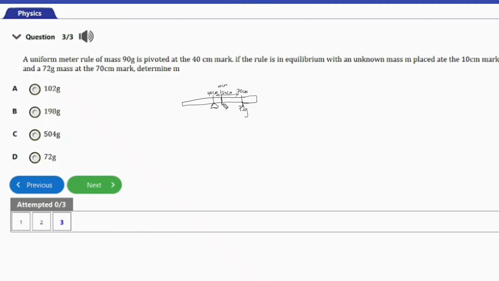So let's say the 90 grams takes the first 10 cm and then the next 20 cm. So that's a total of 30 cm here.